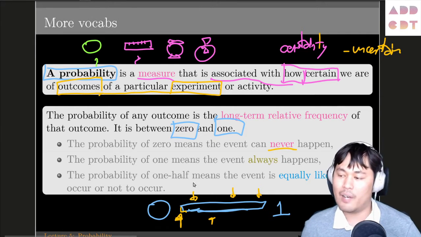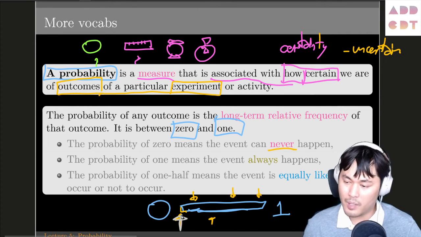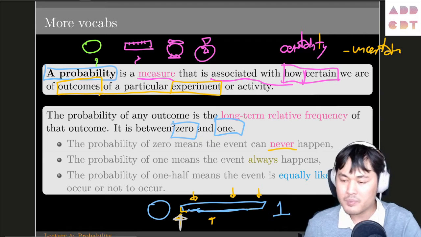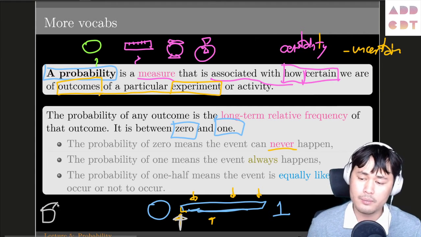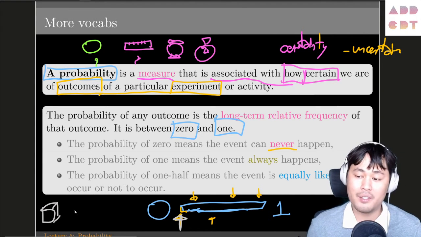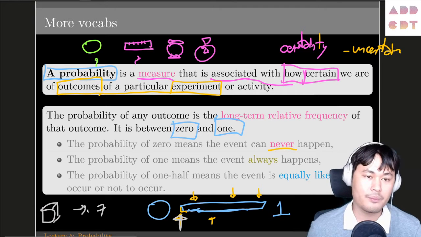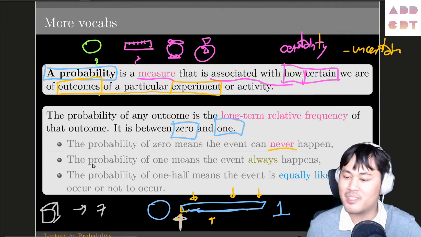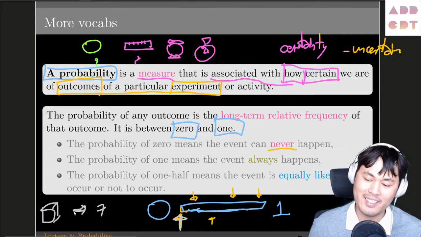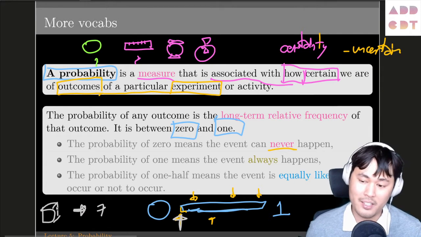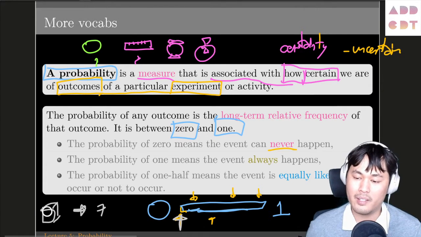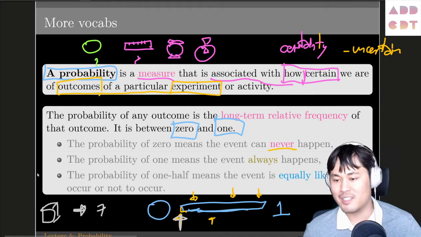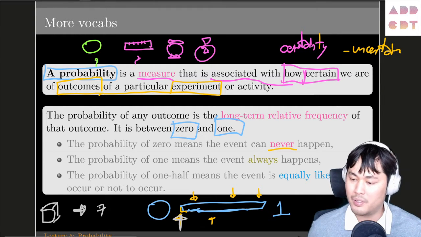Can you think of an outcome of some experiment that is never going to happen? For example, if you roll a die, you are sure that it's never going to give you a 7, unless you do something about it. You know there are six sides on this die, numbers 1 through 6, so it's never going to show you a 7.